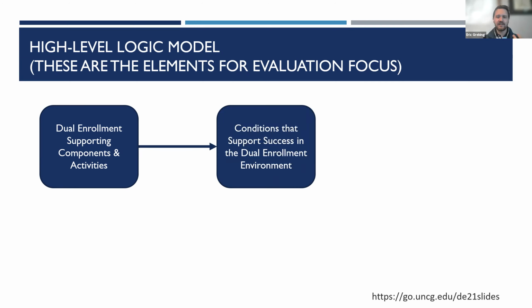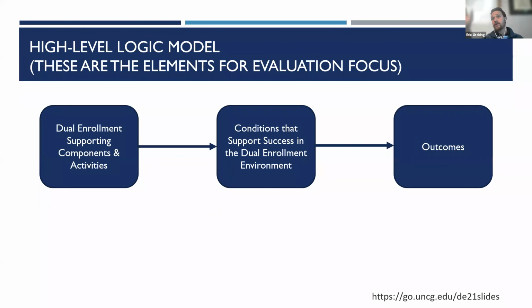Those are things like culture, organizational structures, teams, and other things that can help make sure that those programs are successful. Then over here on the right, we have outcomes. This is all of the different outcomes that you could possibly think about, both at the student level and sometimes at the staff level as well.